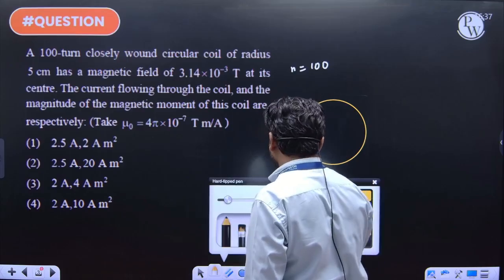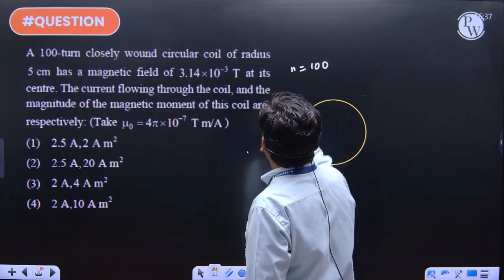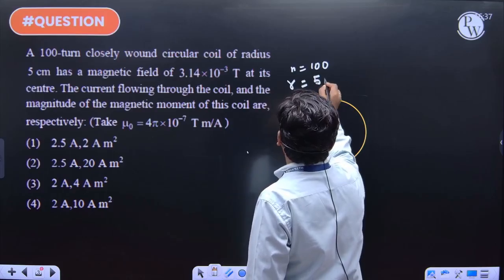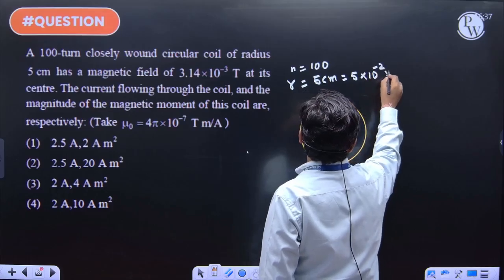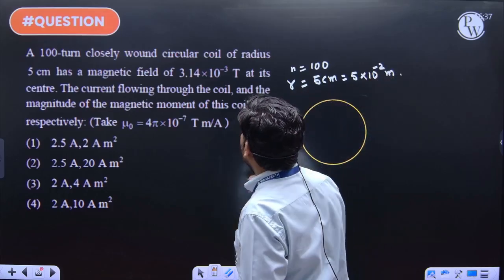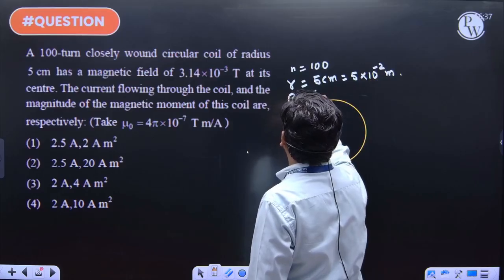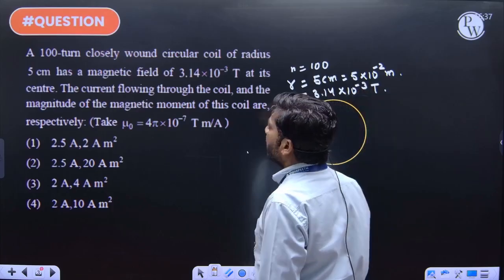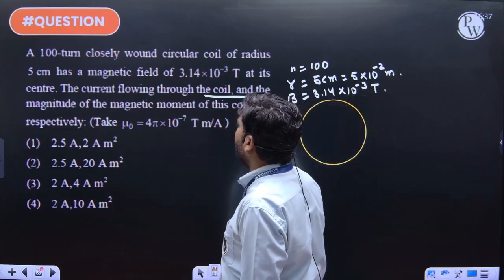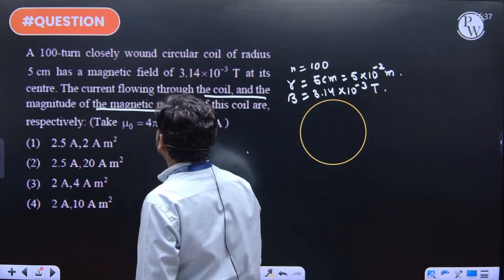Then what else is given? A radius r is equal to 5 centimeter, so 5 into 10 to the power minus 2 meter, right? And then magnetic field B is given as 3.14 into 10 to the power minus 3 Tesla at its center. We need the current flowing through the coil and the magnitude of magnetic moment.